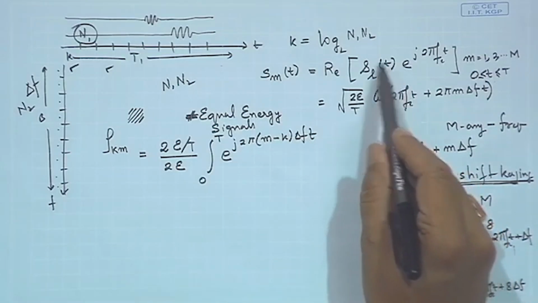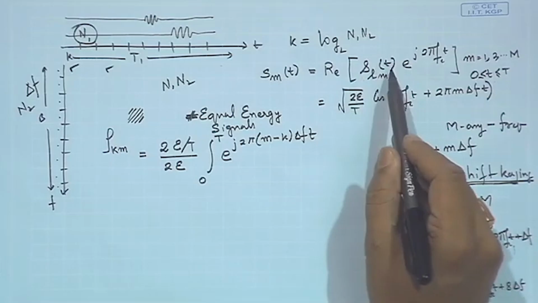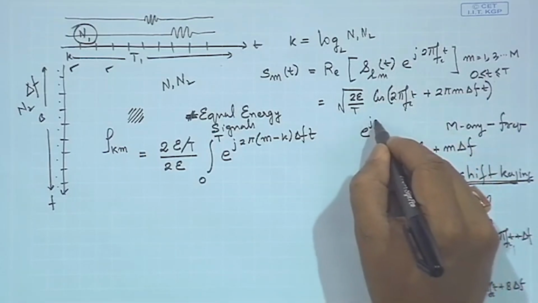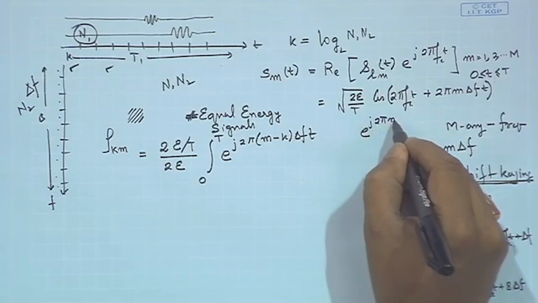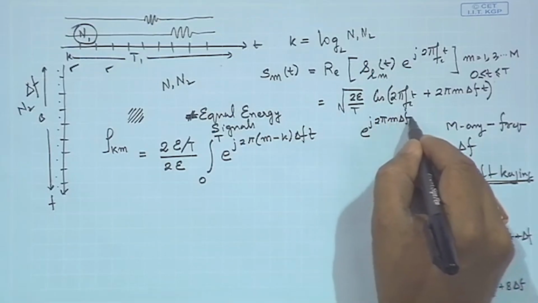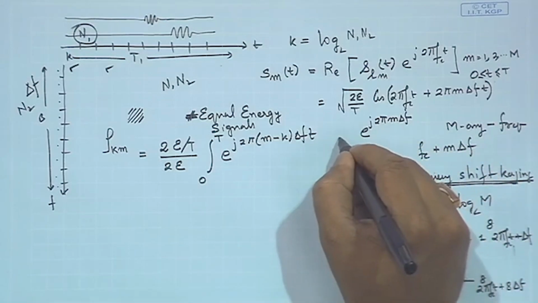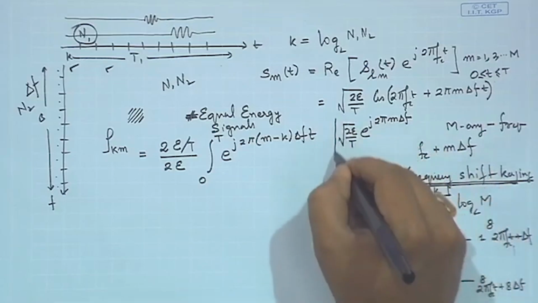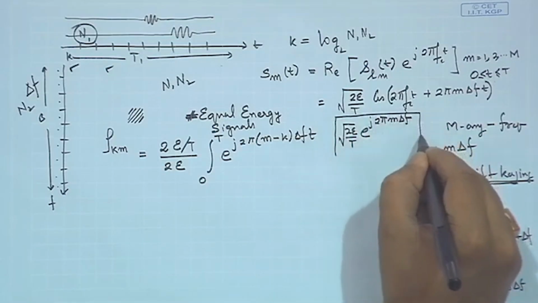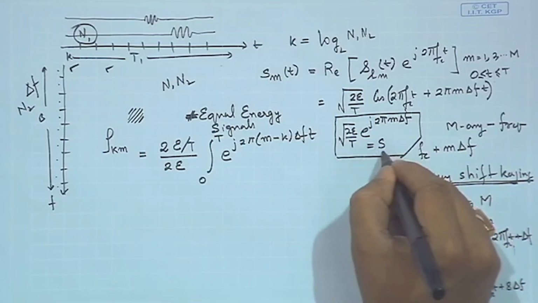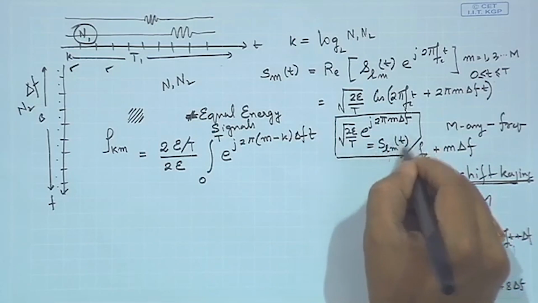If you look at the baseband of the signal, the baseband of the signal is e to the power of j 2 pi m delta f t. So, this will be S L m, and of course, you are going to have root over 2 E upon T. So, this particular expression is equal to S L m of t.